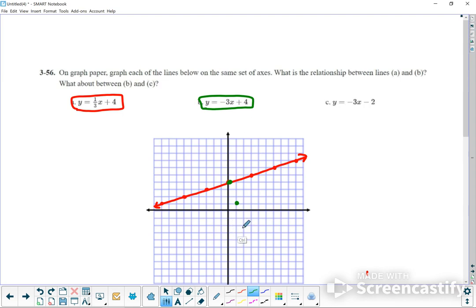Down 3 over 1. Okay, that's that one. And then my last one, I'll put in blue. This one starts at -2 because the y-intercept is -2. This one goes down 3 and over 1. And then you do opposite.